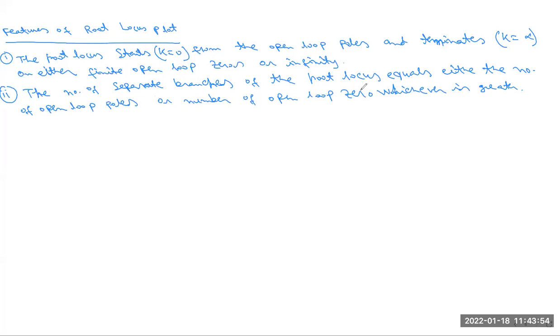So please remember this. The number of branches, that is n, equals either the number of open loop poles or open loop zeros, whichever is greater. So when the poles are greater than the zeros, the number of branches equals the number of poles.